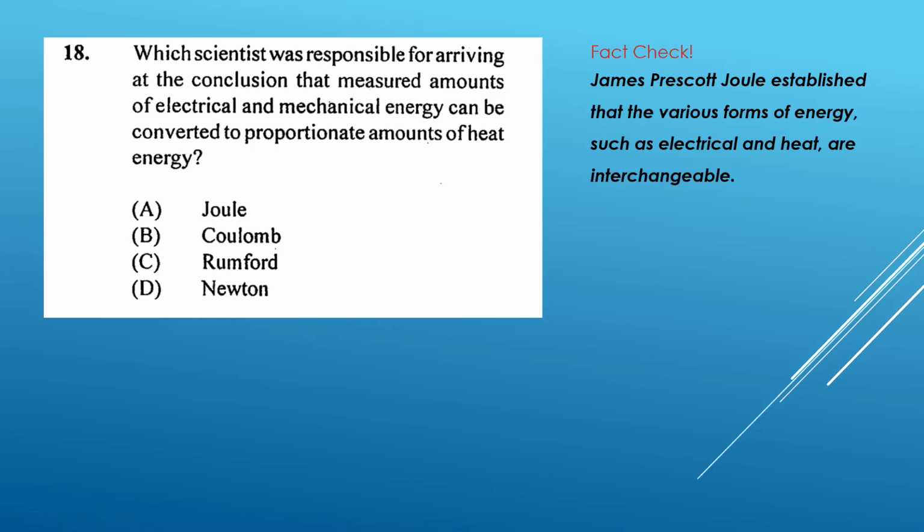Now, it was Joule who established that different forms of energy are equivalent based on his experiments, because they involve actual measuring of the amount of energy. All right, Rumford did not do any measurements with his experiments, and so Joule is the person, and so it's really A.